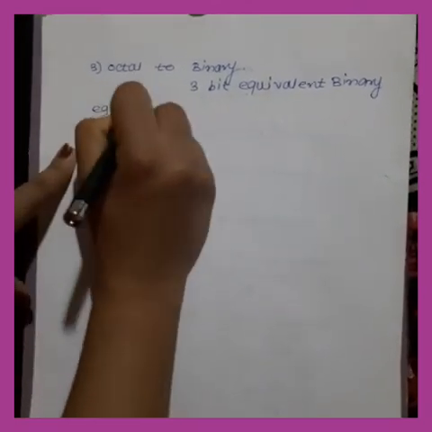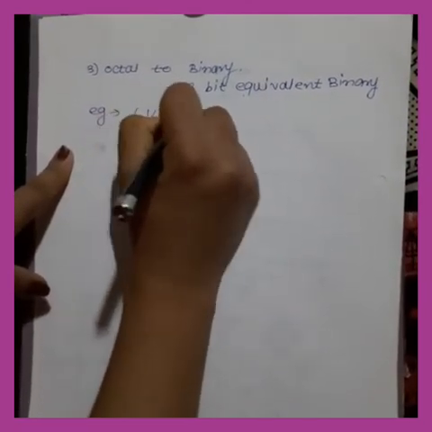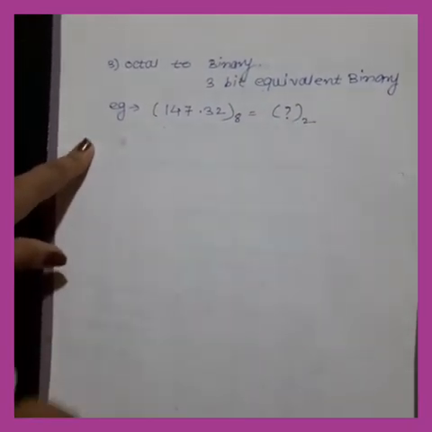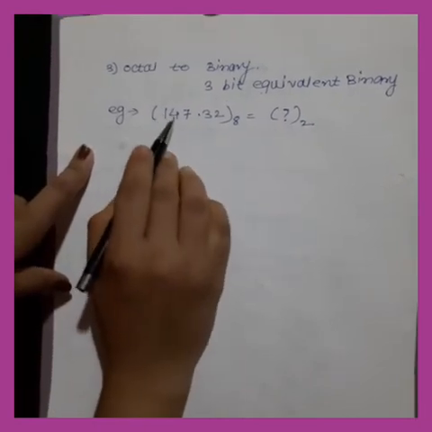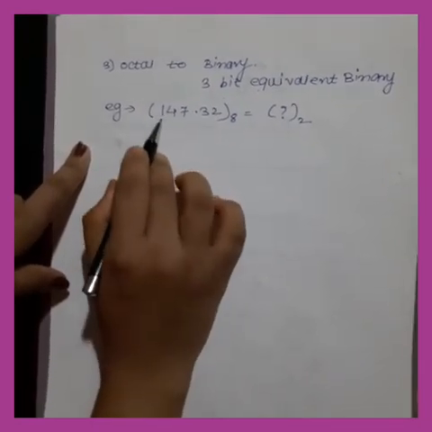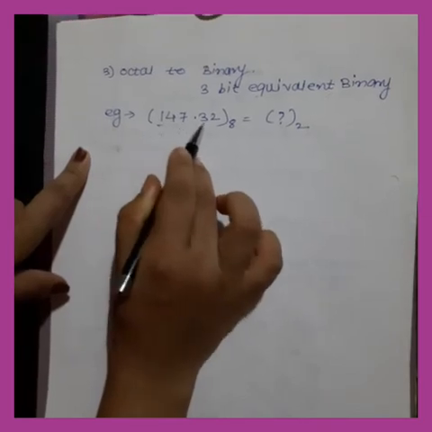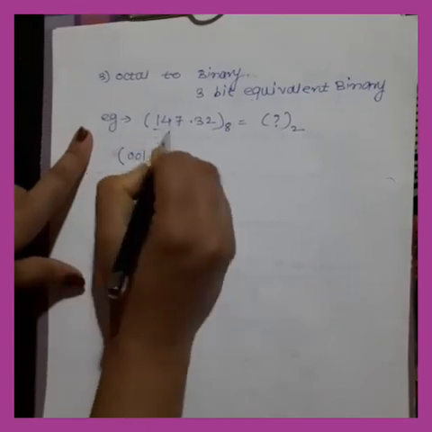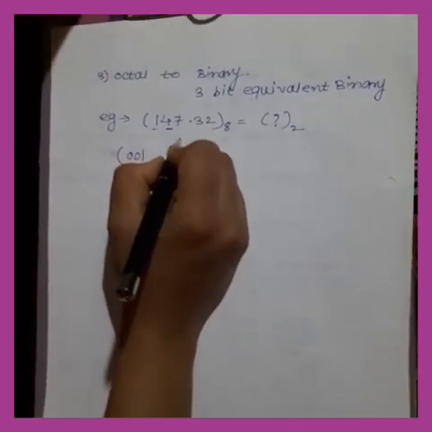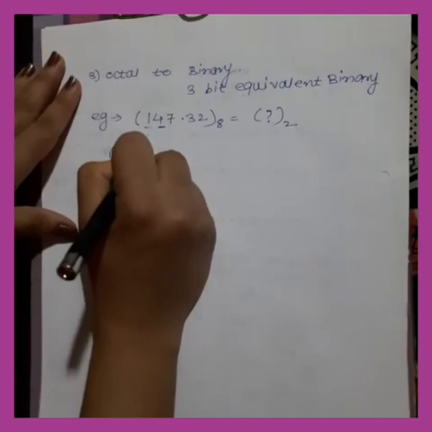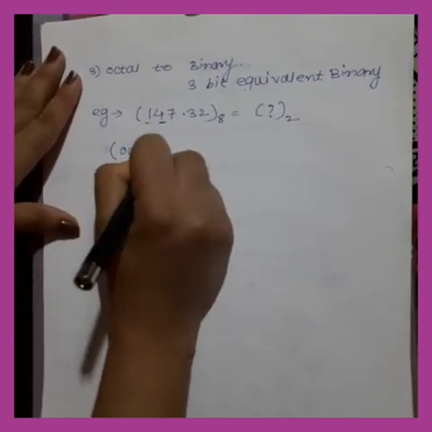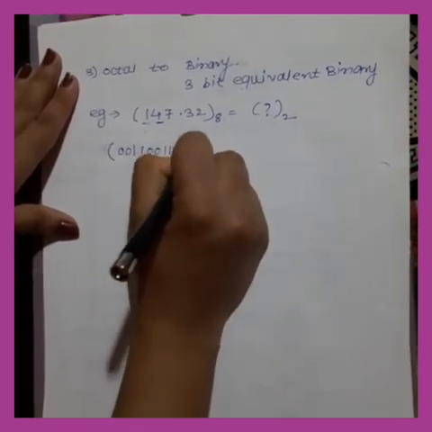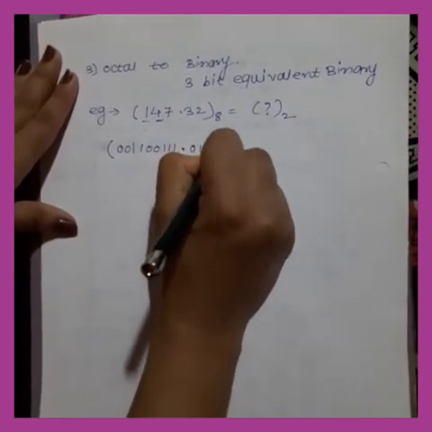For example, let's consider the example 147.32. This is the given octal number. You have to find its binary equivalent. So for 147.32, simply replace each octal digit by its 3-bit equivalent. So 1 is 001, 4 is 100, 7 is 111, point will remain as it is, 3 is 011, and 2 is 010.